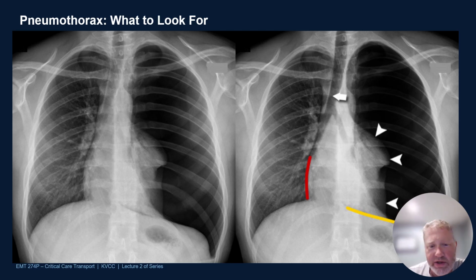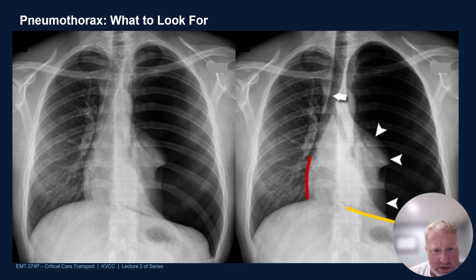So when you're looking at a chest X-ray, black is air and white is anything but air. So white could be anything from bone, it could be fluid, it could be consolidation like atelectasis, any number of things. So anytime you have pockets of black that differ from what the rest of the film looks like, think along the lines of a pneumo.